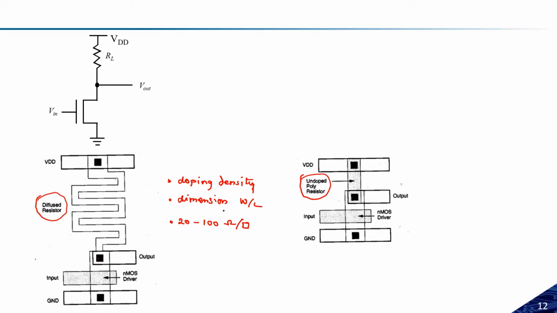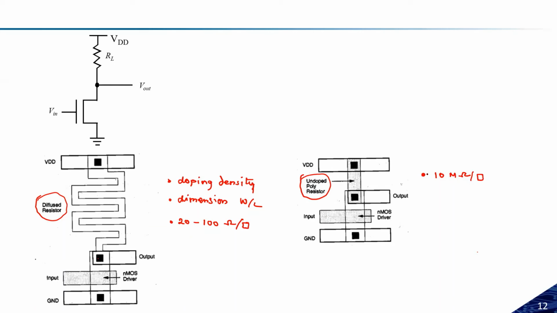A very large width and length is required if you want to make a resistance in the order of kilo ohms. This needs to be considered especially for diffused resistances. But with the polysilicon based resistance, the important advantage is that you can achieve resistance up to 10 mega ohm per square area.